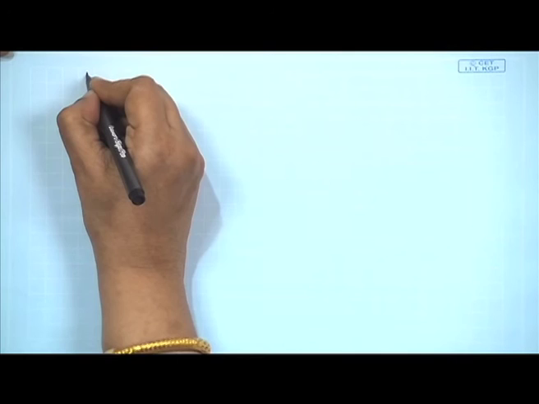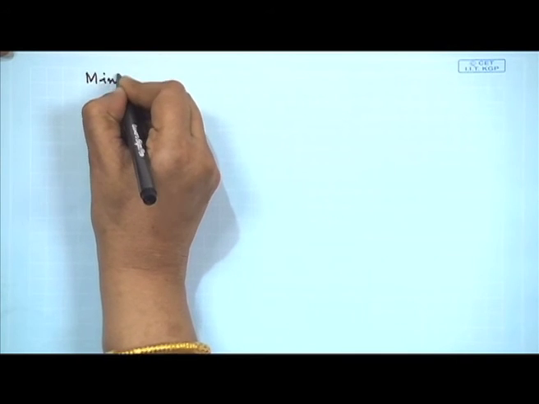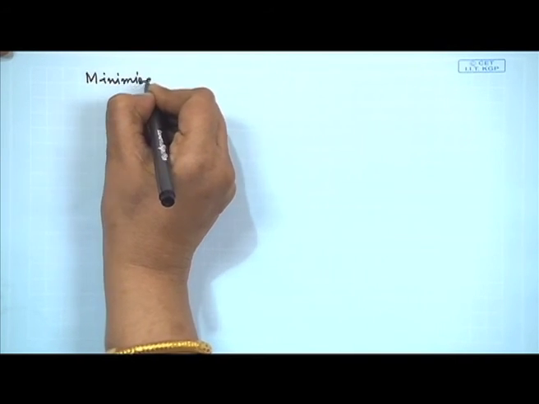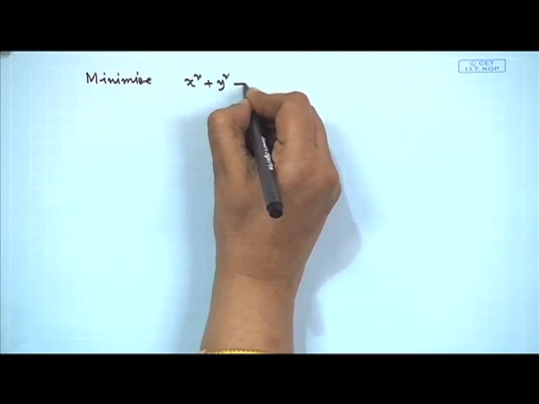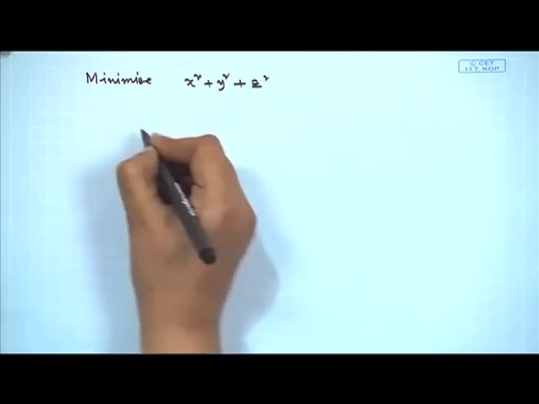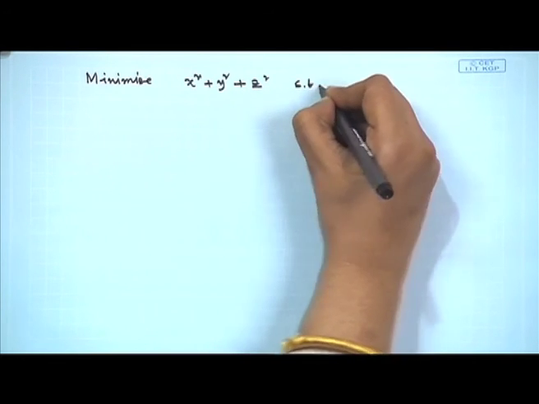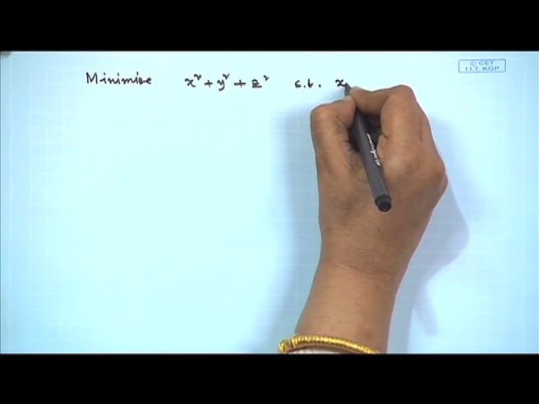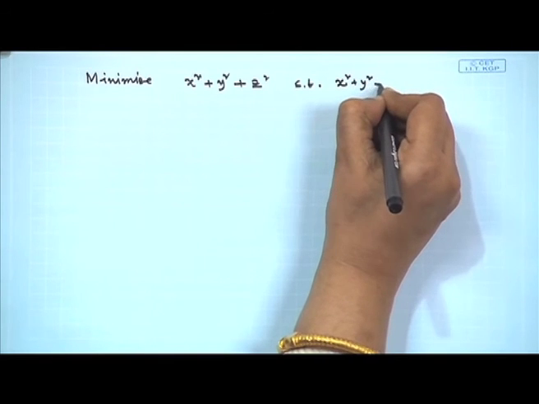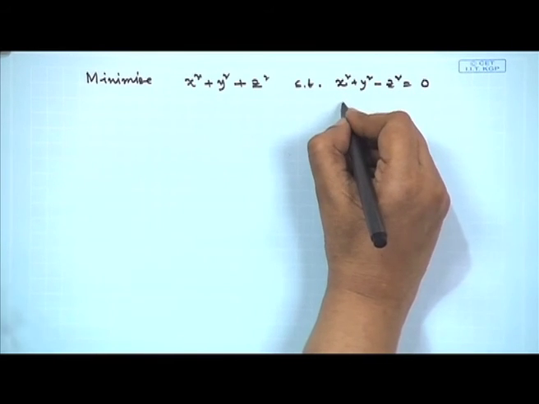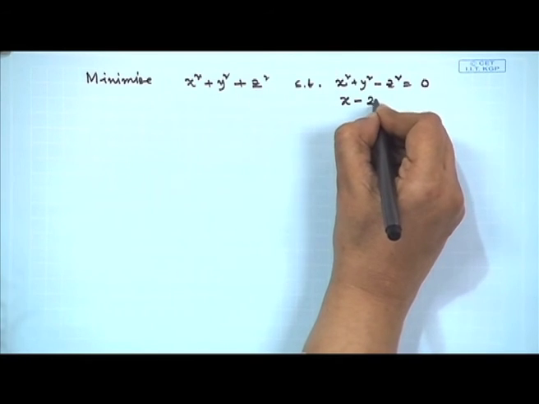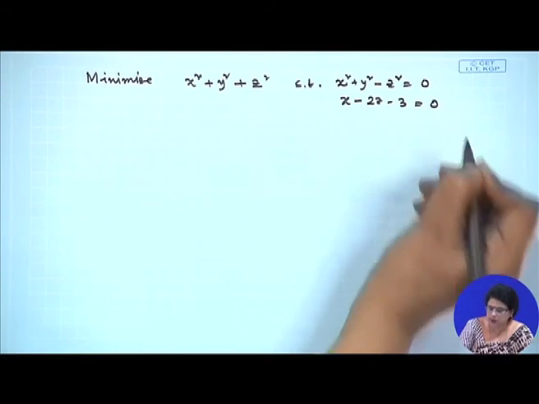Now, we have to minimize x square plus y square plus z square subject to x square plus y square minus z square equal to 0, and another constraint, x minus 2z minus 3 is equal to 0.